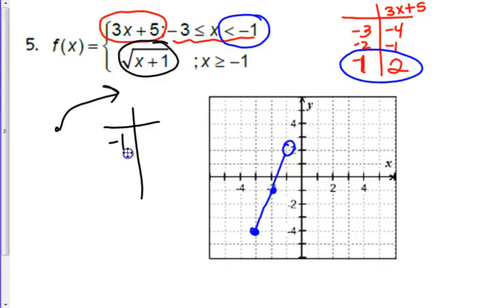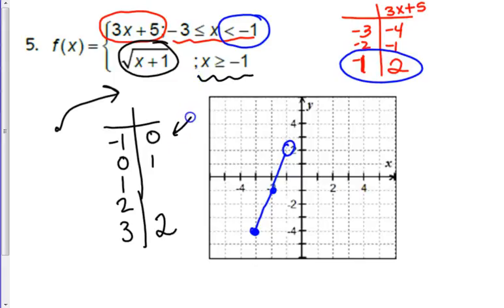Greater than -1 are values like 0, 1, 2, yes? If I put those into the square root, -1 plus 1 is 0, square root of 0 is 0. Nothing else comes out nice until I think you get to 3. That'd be square root of 4 is 2. These would be decimals. What do I have at -1?